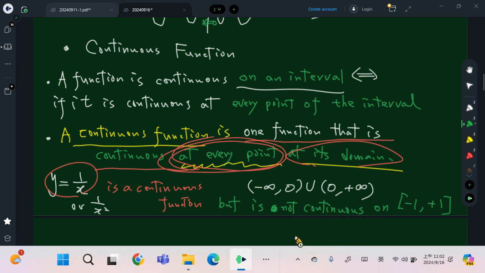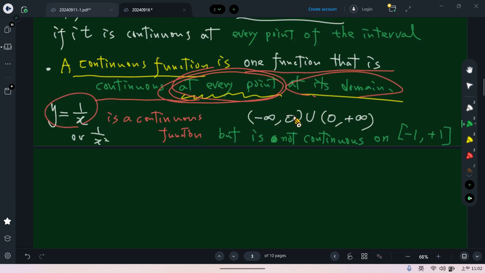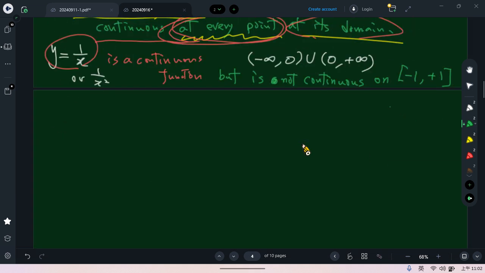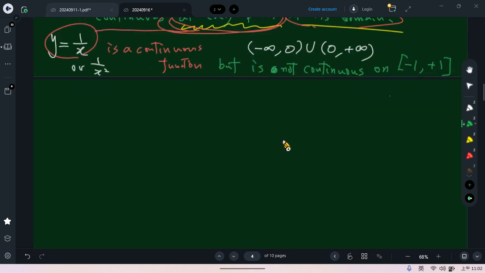Then, okay, I will also show you some properties about continuity.